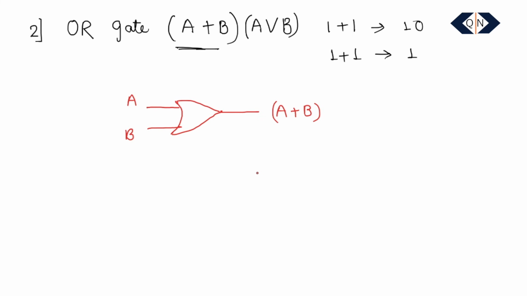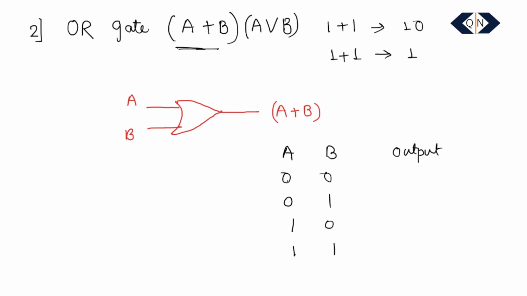So let's go further and look at its truth table. A, B, and here the output. The possible combinations are 0 0, 0 1, 1 0, and 1 1.